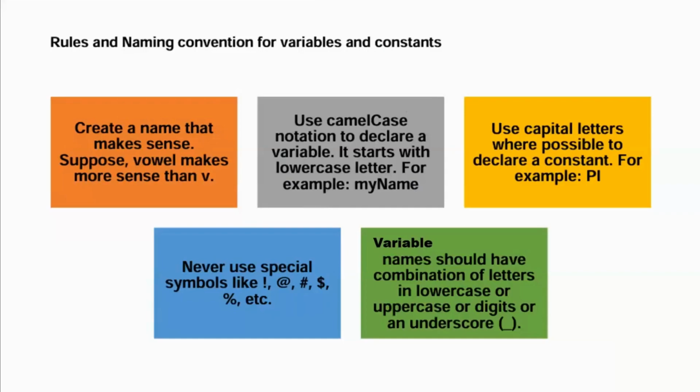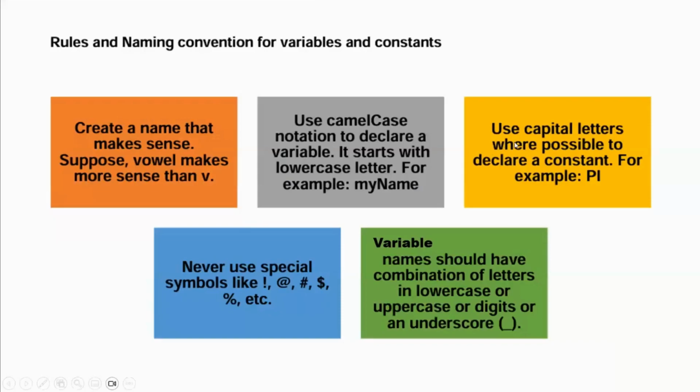So I will write total in all small, then S capital of sum and UM. This is how I will create the variable to make it more sensible, like max value: max all in small, V of value in capital, and ALUE, like this.